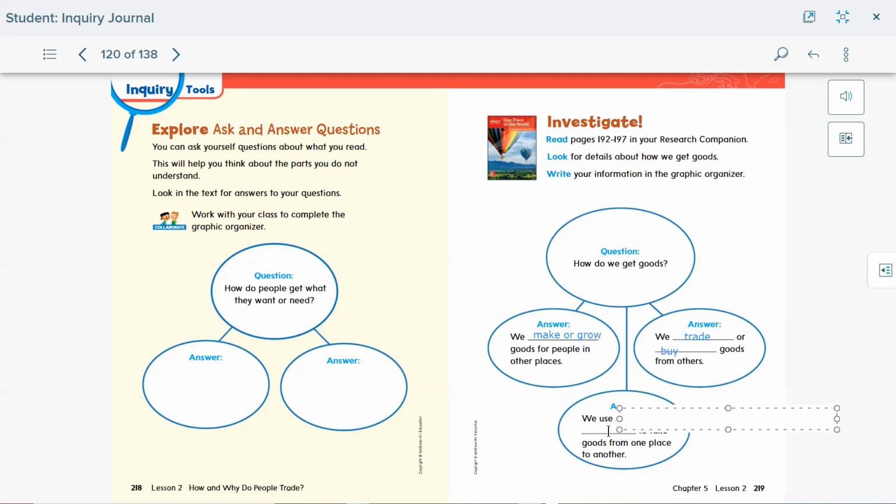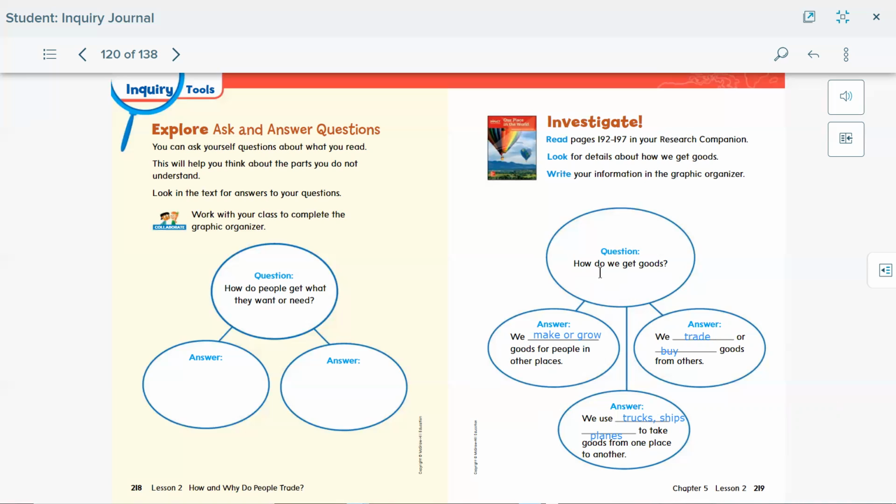And then the third thing, we use what we just read, trucks, ships, and planes to take goods and move them from one place to another. So we say we use trucks, ships, and planes to take goods from one place to another.